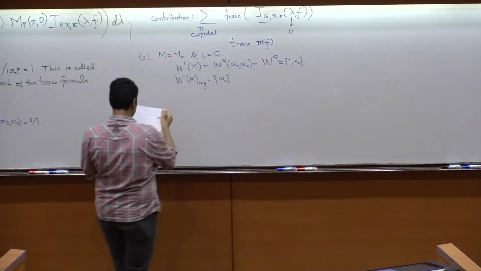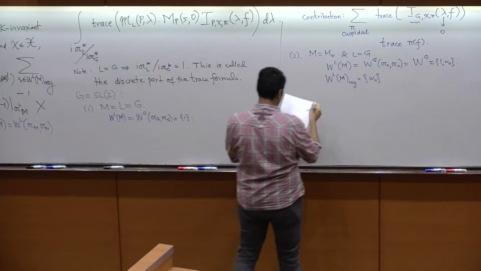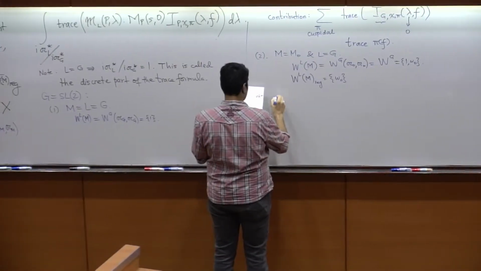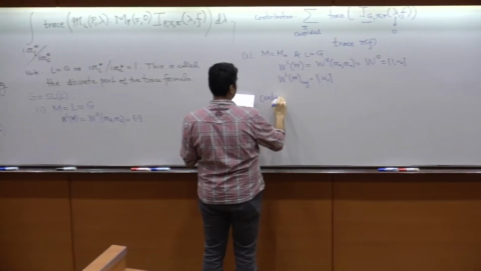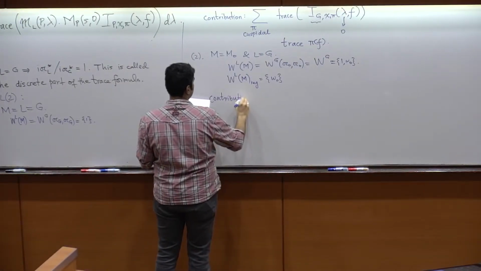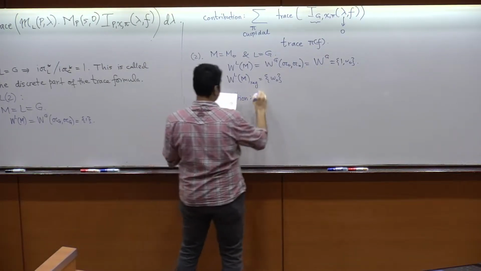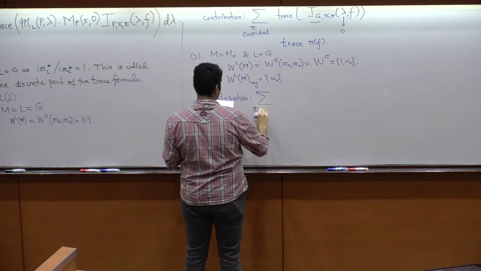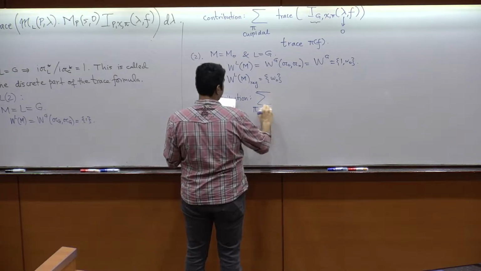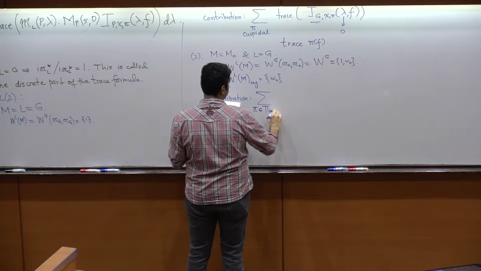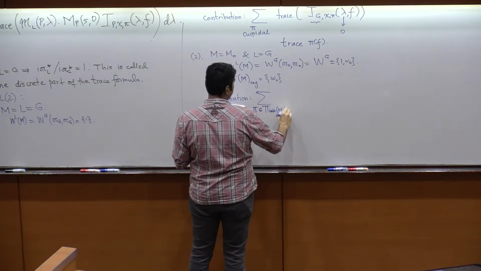The contribution from that element is, so pi is in pi unitary representation of M0 A1.